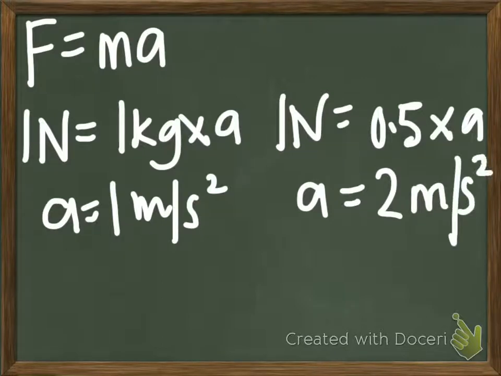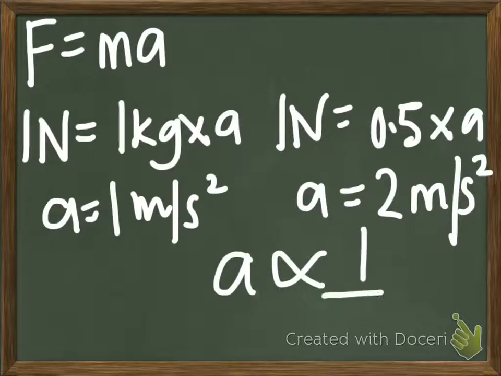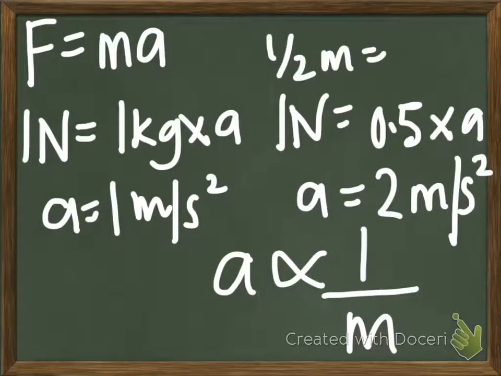So the mathematical expression that we use to talk about this relationship is that A is inversely proportional to mass. If I have half the mass, then my A will double, as shown by this example.